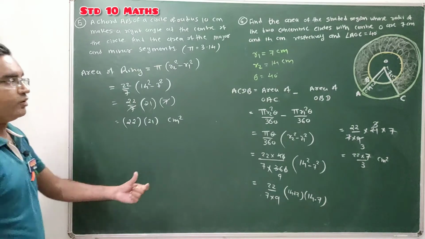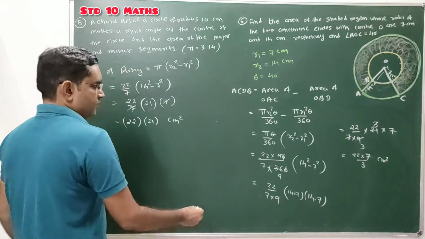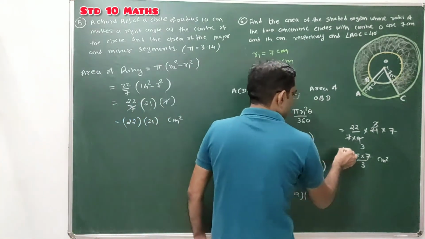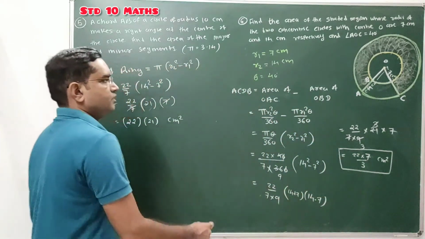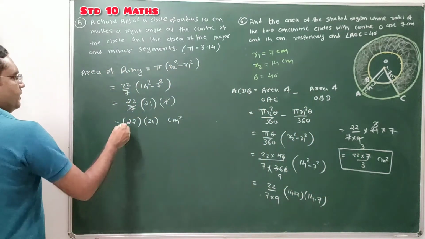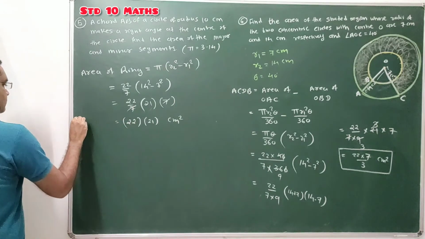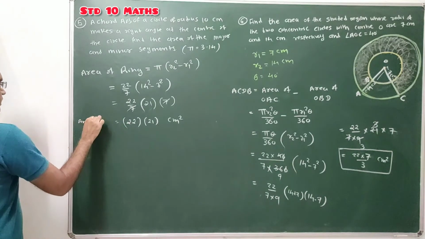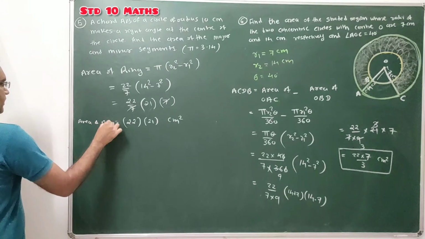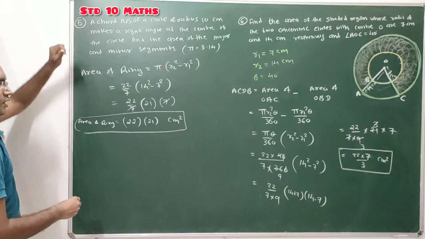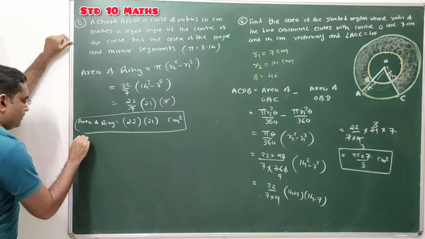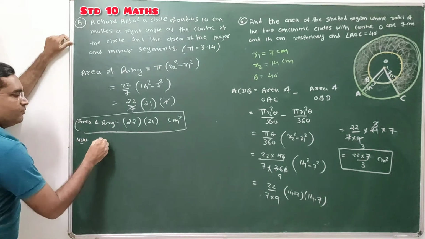So what is the area of the shaded region? Area of the shaded region is nothing but the subtraction of these two areas. This is the area of ACDB and this one is the area of the ring. So now our third step, area of the shaded region.